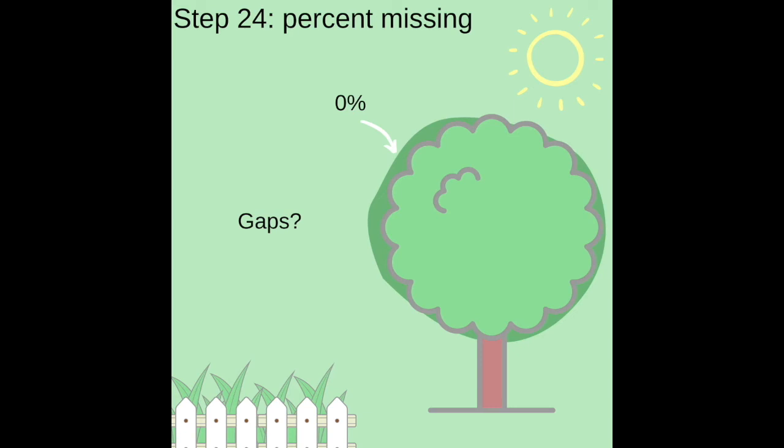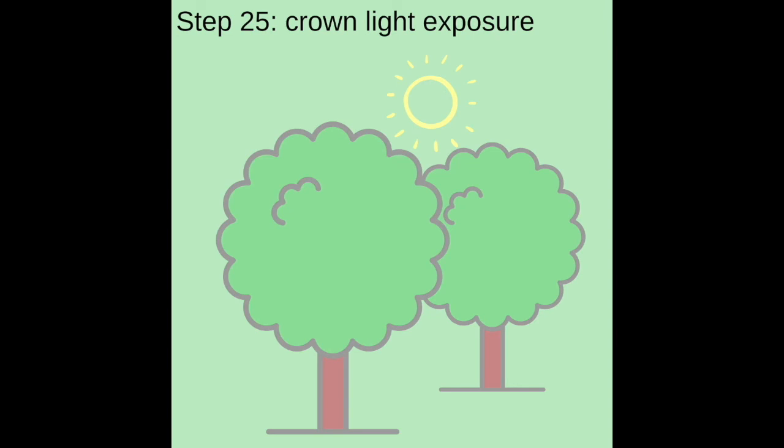If you notice that there is a gap in the branches, try and decide how much, as a percentage, of the sphere this gap represents. There may be more than one gap, so add these percentages together. What might be missing? Branches might have fallen due to wind, purposely removed, or snapped off.